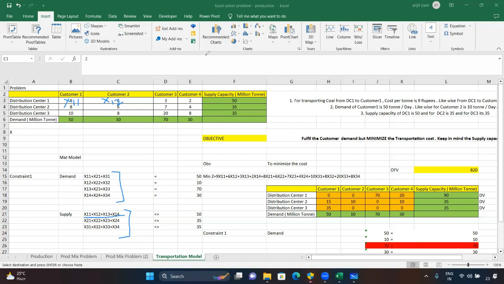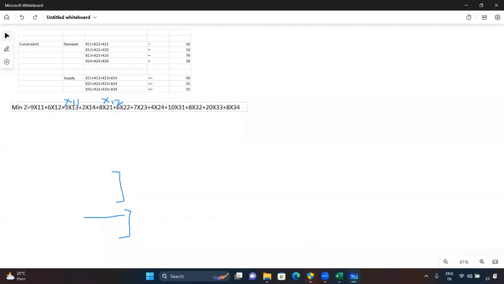So let me go to the whiteboard. Okay, so this was the mathematical model which we discussed in our earlier session.